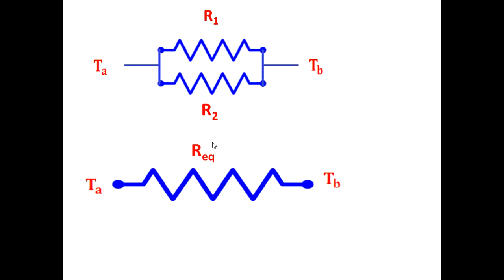It is the formula for the equivalent resistance. 1 upon R equivalent is equal to 1 divided by R1 plus 1 divided by R2.